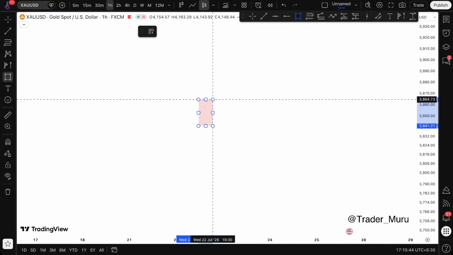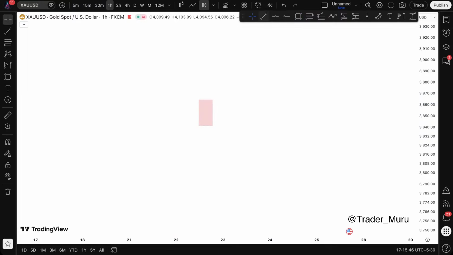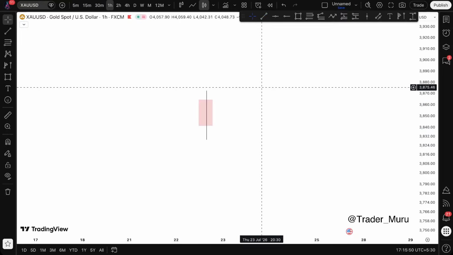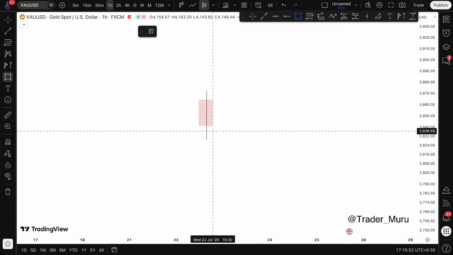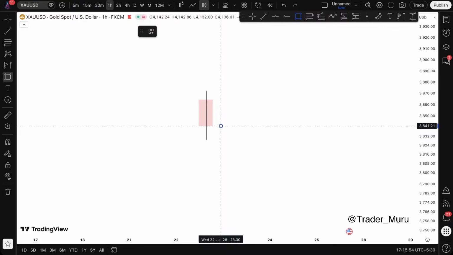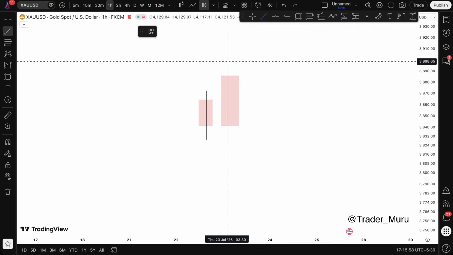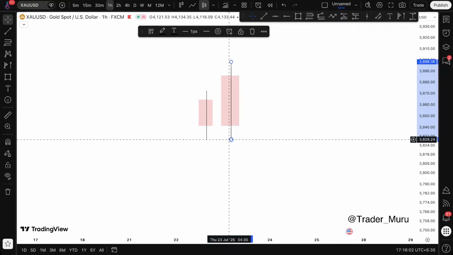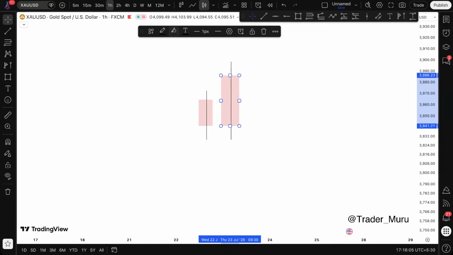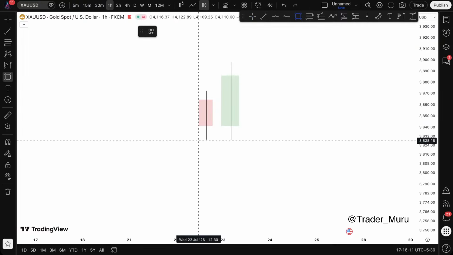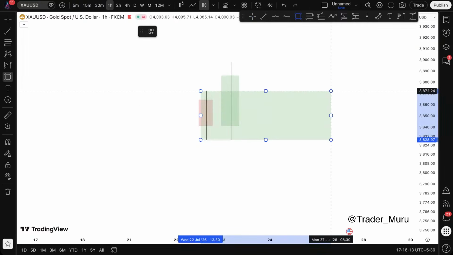If there is a red candle in an uptrend and one green candle breaks its high and closes above it, so this red candle is your demand now, from bottom to top.